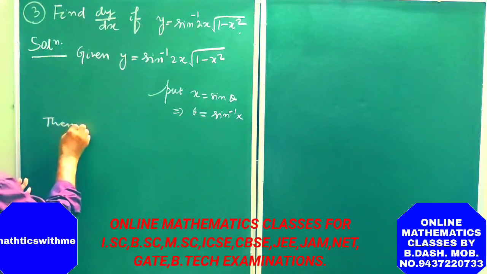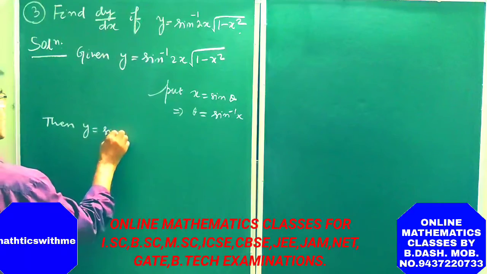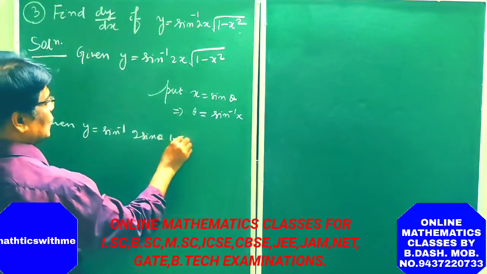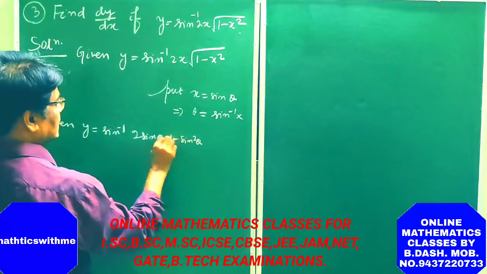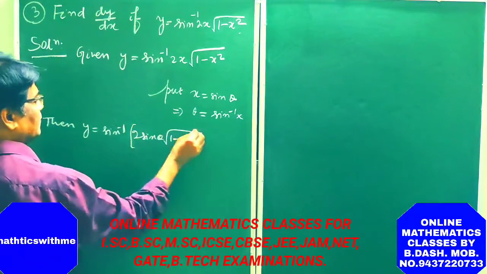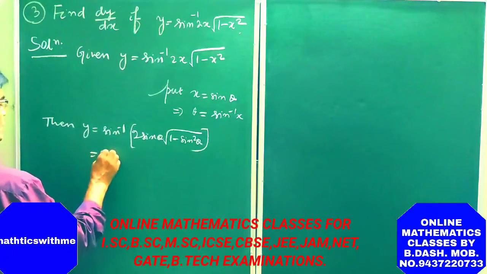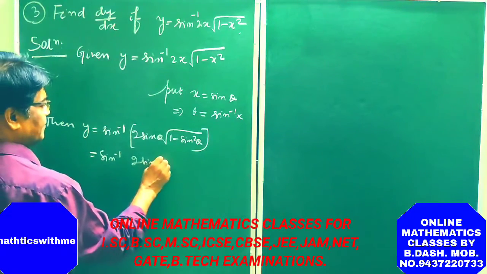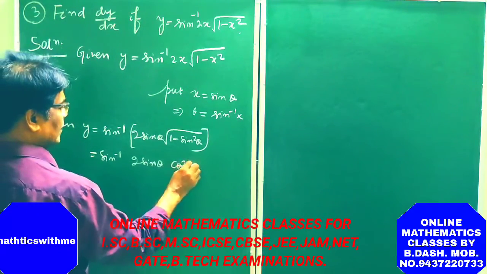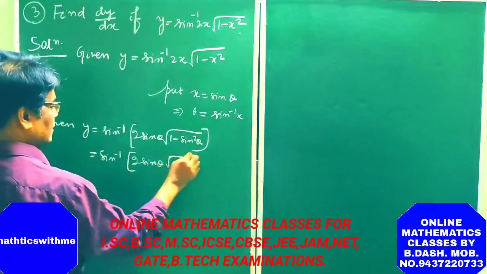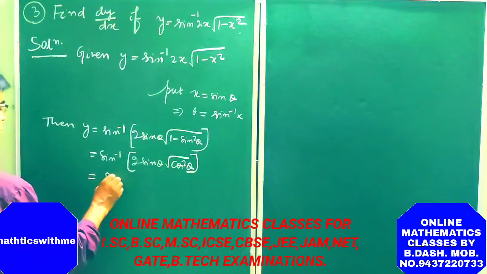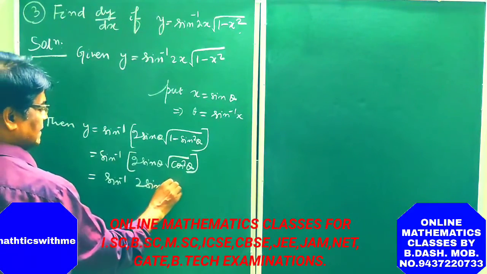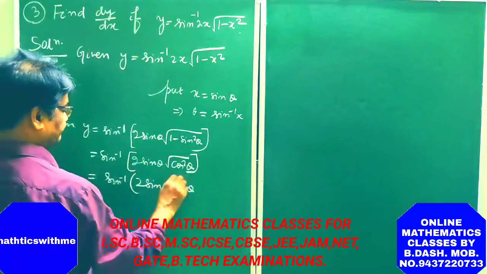Then y is equal to sine inverse 2 sine theta root over 1 minus sine square theta. So this is equal to sine inverse 2 sine theta root over cos square theta, which is equal to sine inverse 2 sine theta cos theta.